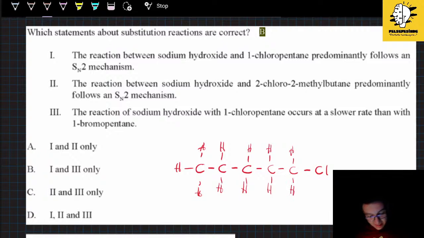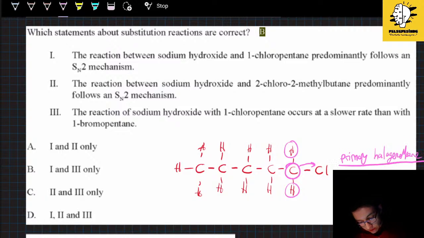So as you can see, as we talked about in yesterday's session, the carbon which carries the functional group, the halogen, if it has 2 hydrogens bonded to it, this is a primary halogen alkane. And what did we say yesterday?